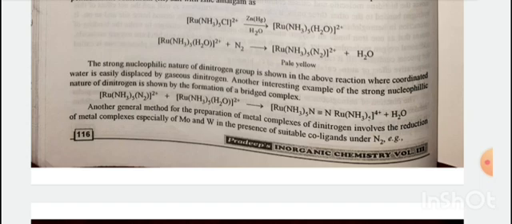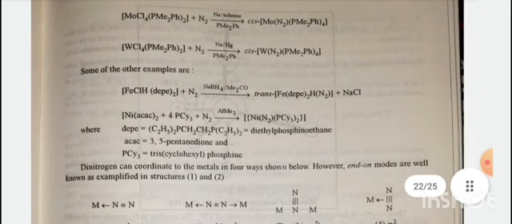Another general method for the preparation of metal complexes of dinitrogen involves the reduction of metal complexes, especially of molybdenum and tungsten, in the presence of suitable co-ligands under N2. Example: MoCl4 plus PMe2Ph twice plus N2 react in the presence of toluene or PMe2Ph to give cis-[Mo(N2)2(PMe2Ph)4].